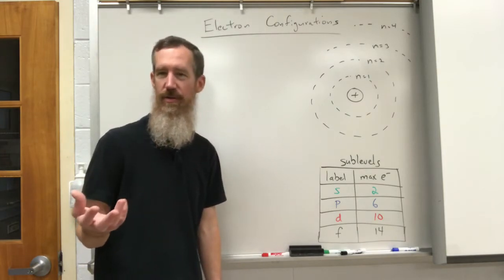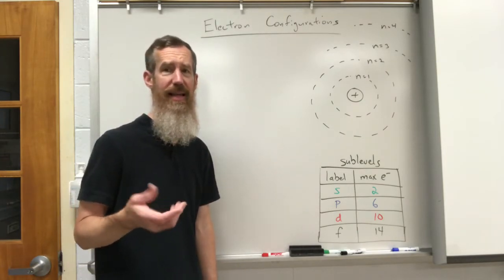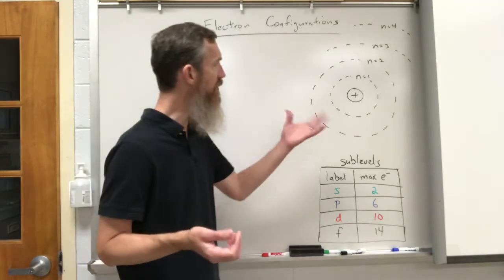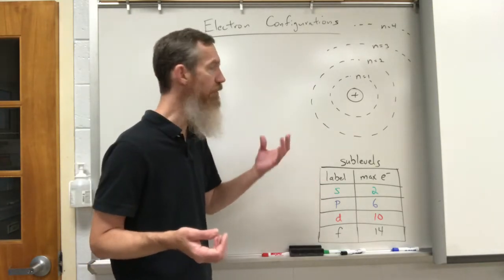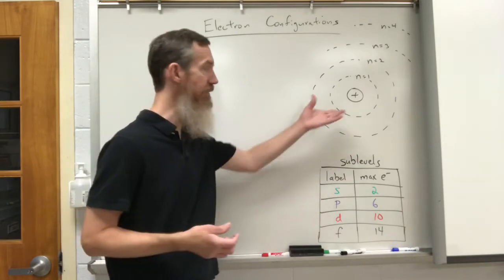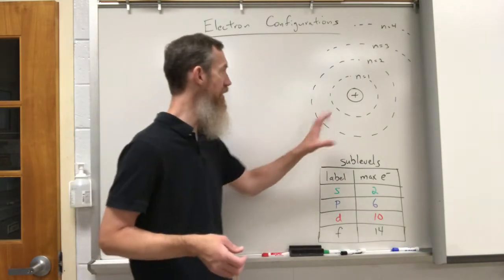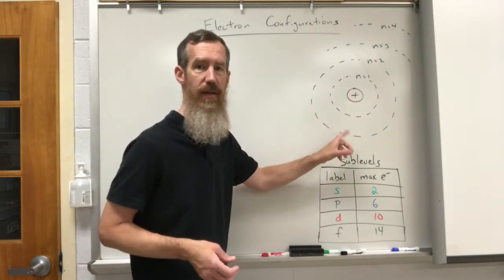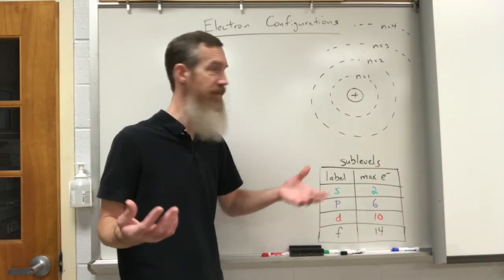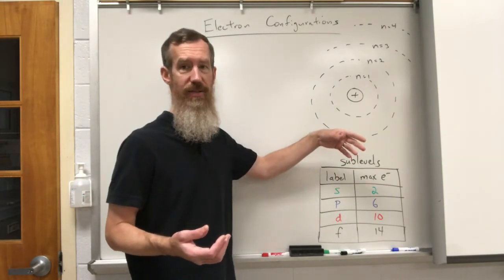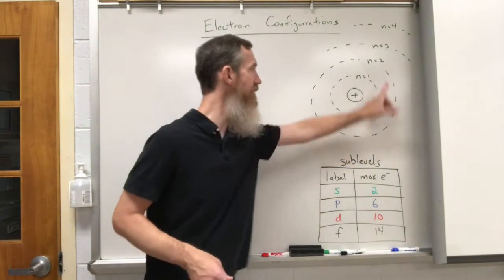The first thing we understood from Niels Bohr is that they have specific energy levels. Depending on how many electrons you have around an atom, there are electrons in the first energy level. And then if you have enough electrons to fill that, then you're going to find electrons in the second energy level.